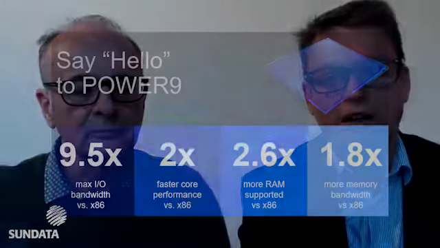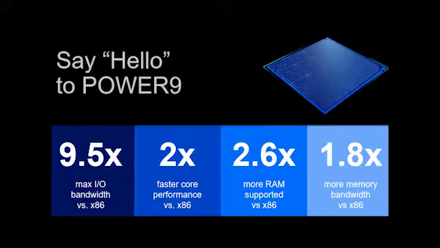We see bandwidth improvements of around 9.5 times over x86. Core performance, as we mentioned, is significantly improved with each release of the IBM Power Systems. So generally you'll see a 2 times increase over the equivalent x86 generation.